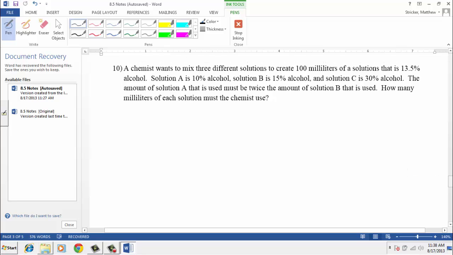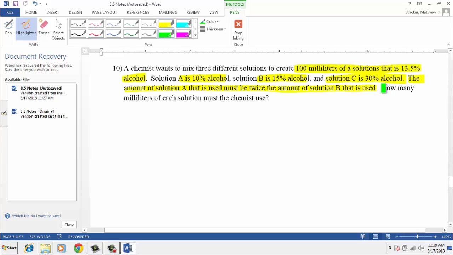Let's talk about the next one. A chemist wants to mix 3 different solutions to create 100 milliliters of a solution that is 13.5% alcohol. Solution A is 10%, B is 15% alcohol, and C is 30% alcohol. And then it says the amount of solution A that is used must be twice the amount of solution B that is used.